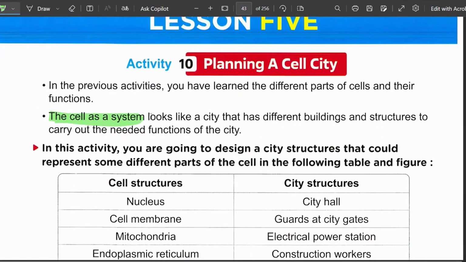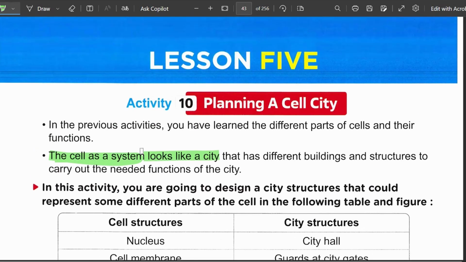The cell as a system looks like a big city because a big city has many different buildings. So the city is like a system. The cell as a system looks like a city that has different buildings. Like the cell has many organelles like mitochondria, nucleus, and endoplasmic reticulum.